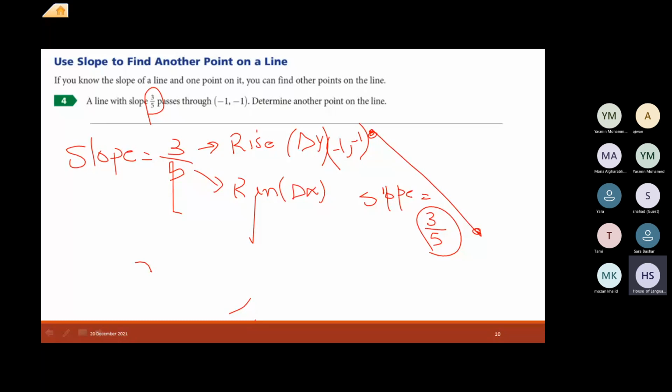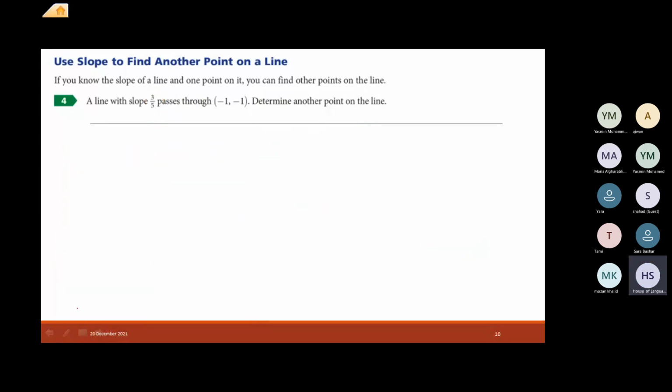I didn't understand your question. Repeat it. Delta y over delta x. You know if it's rising or running from x to x. Did you understand what I mean by rise or run? What is the formula of the slope?